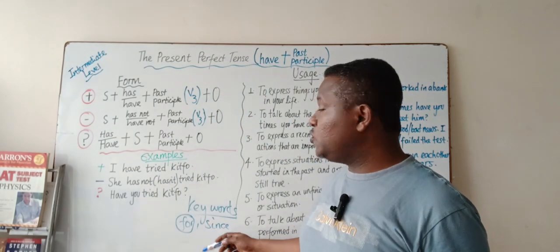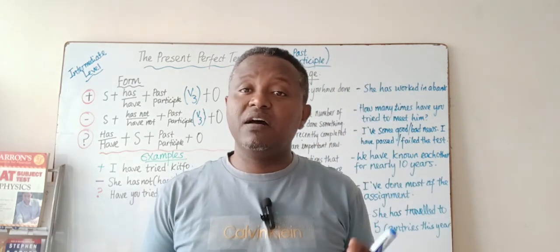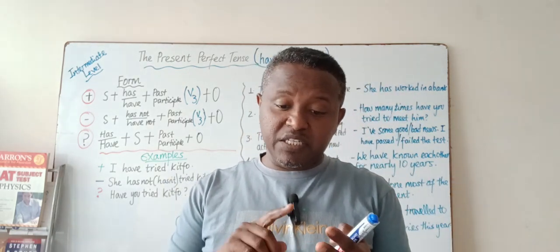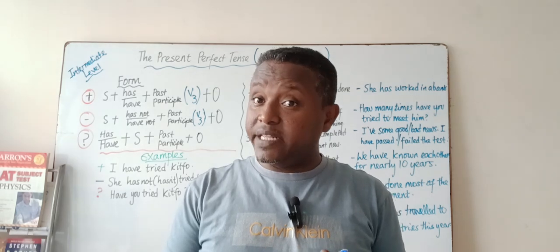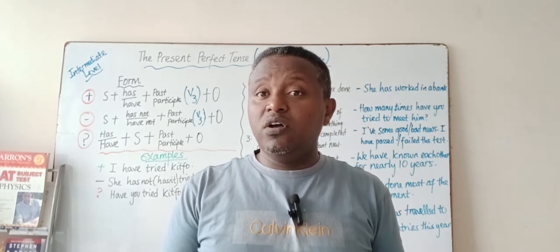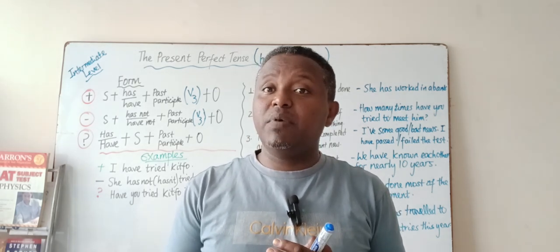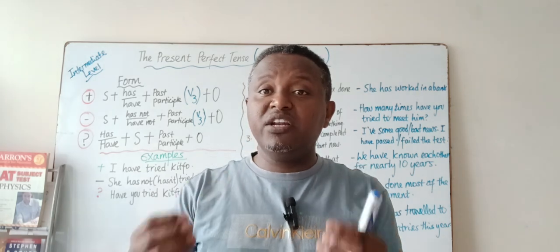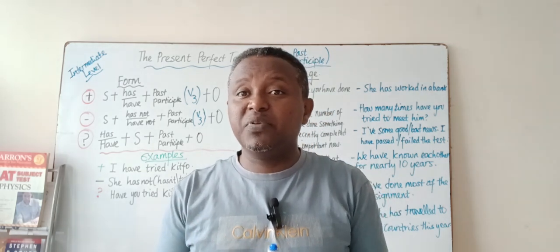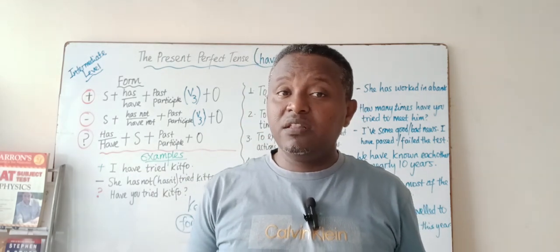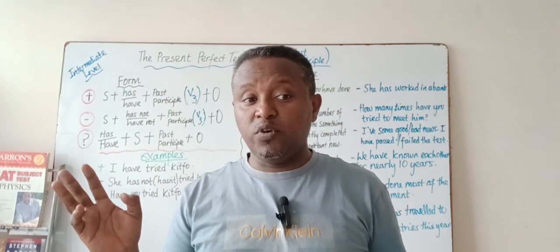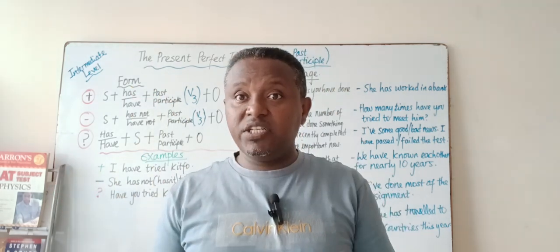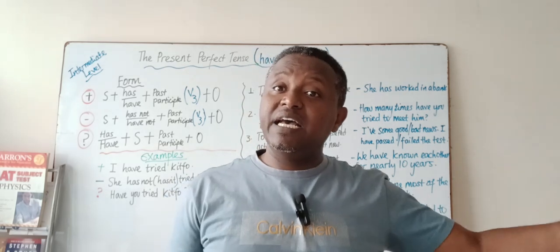In addition to for and since, we have keywords like already, just, and yet. Already is to talk about a situation that is completed earlier. They have already gone, which means that action was performed a little earlier.